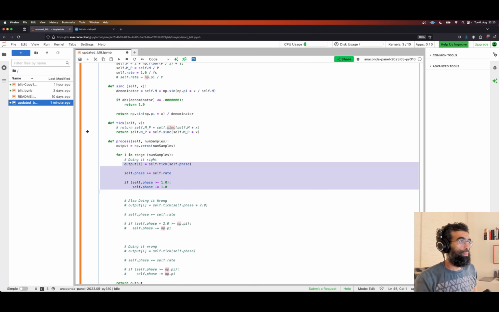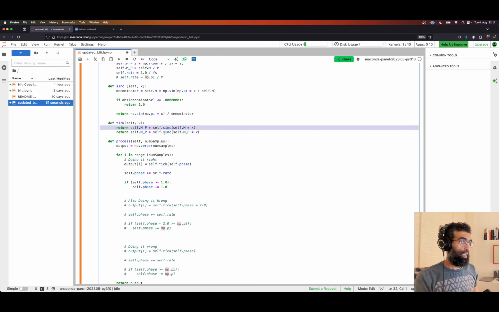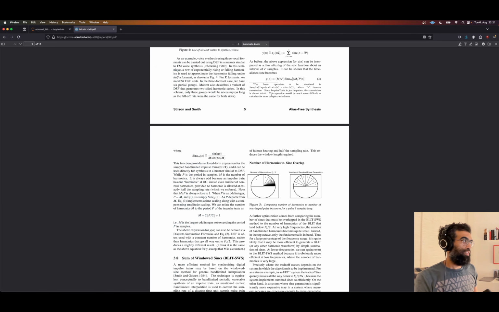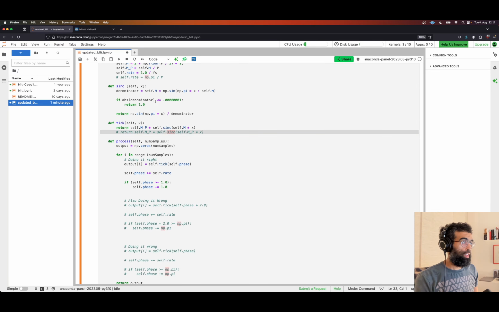Now, he noted that we need to multiply the phase times m. And this is where I feel like I never would have been able to get this, because as you can see, perhaps this is simply wrong. And I'm going to say perhaps this is simply wrong because let's take a look at the result, right?